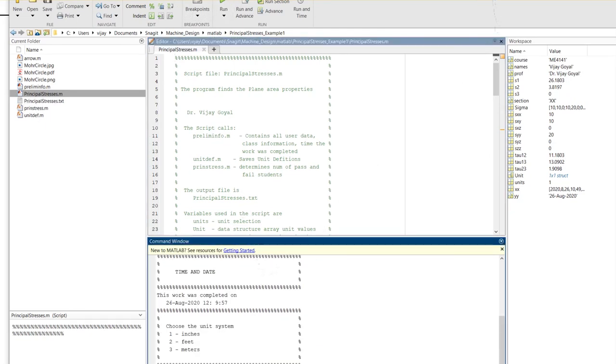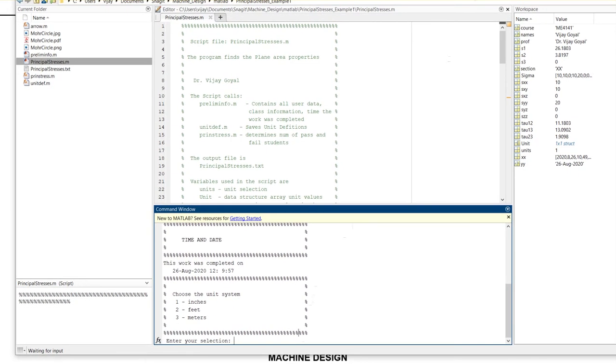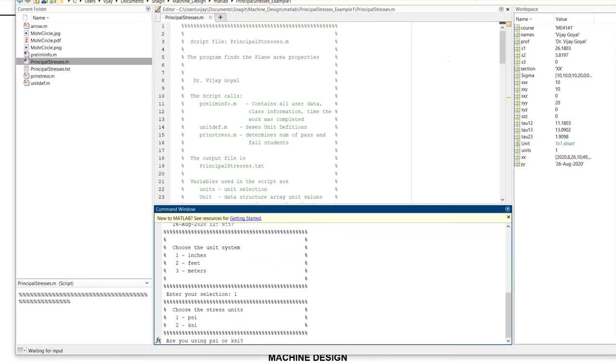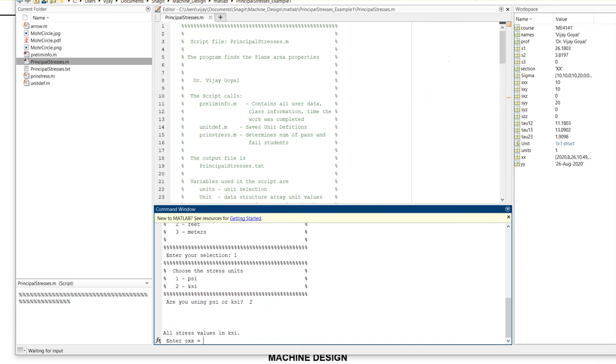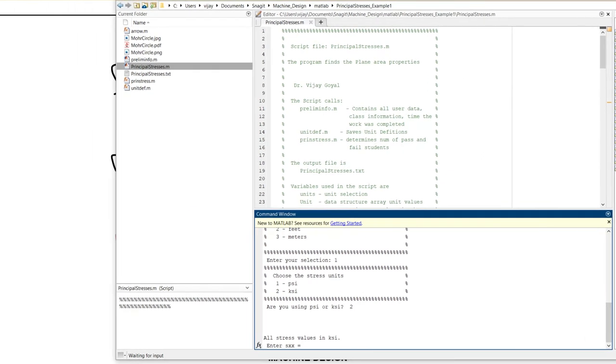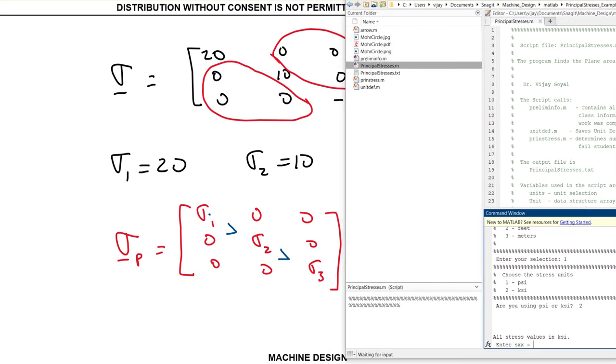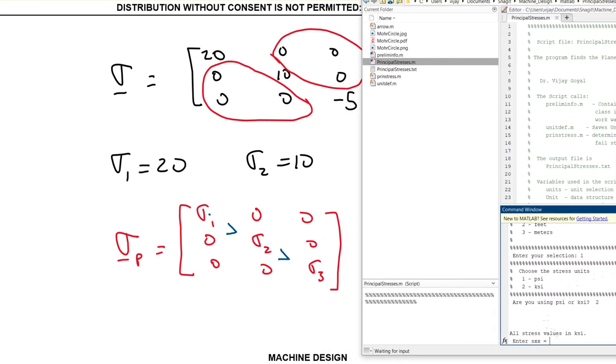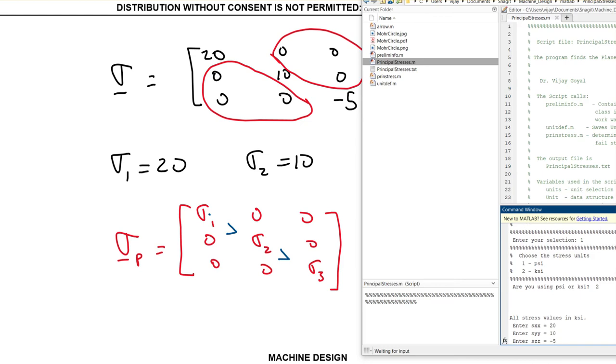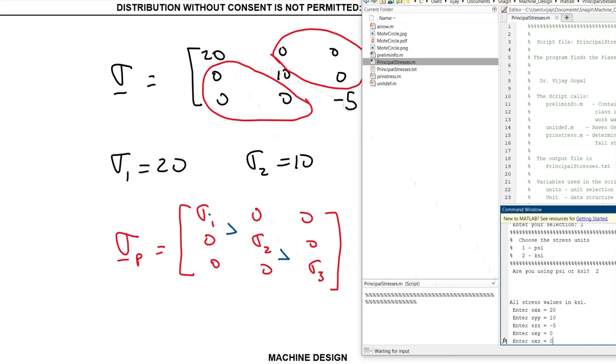When you're running it, it's going to ask you, are you working in inches? Yes, I am. This is KSI. So I press 2. Now it's going to ask you for the state of stress. If you remember from the problem I just gave you, it is 20, 10, minus 5 for XX, YY, ZZ, and all others are 0.